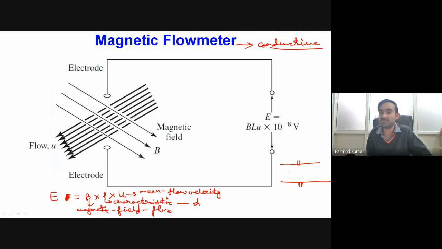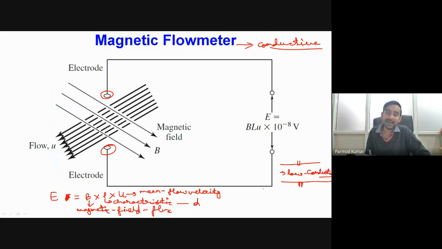This arrangement is employed for low conductive liquids, for example water, because in that case the amount of signal developed will be very, very small. So we consider a non-conductive pipe wall with two electrodes flush mounted on the pipe, so that they have physical contact with the conductive liquid.